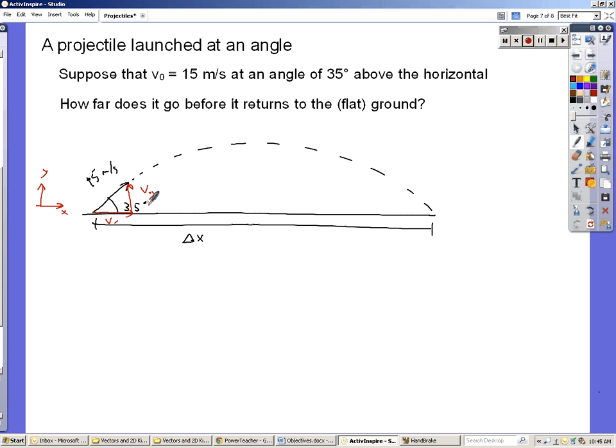Looking at that little triangle, it's pretty easy to tell that vx is 15 times the cosine of the launch angle, 35 degrees, which we can put in our calculator and find that it is 12.3 meters per second. And v naught y is 15 times sine of 35 because it's opposite the angle, and it is 8.6 meters per second.